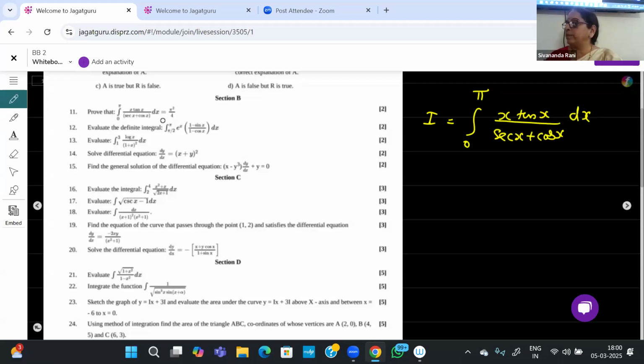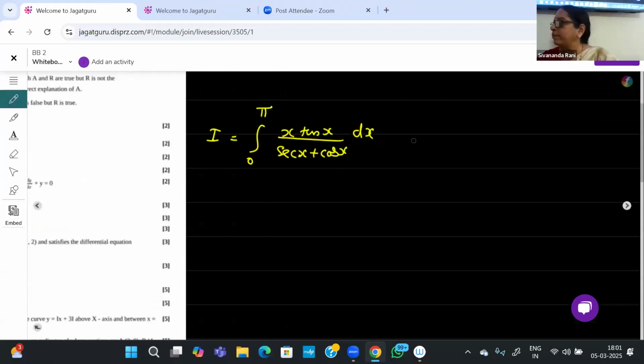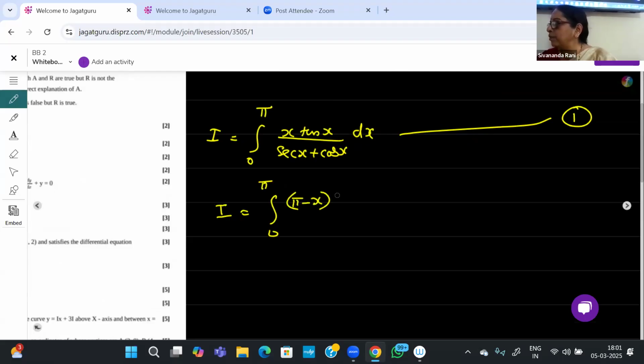What are you thinking? Are you planning to apply some property? By calling this as 1 and applying the property, it will become 0 to pi. I'm sure all of you must have done this.